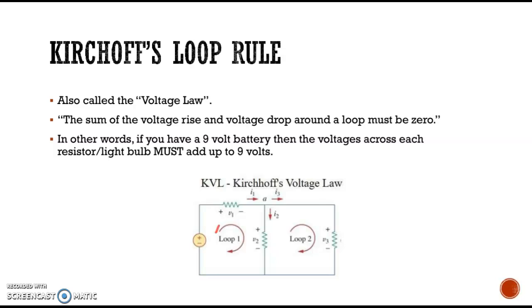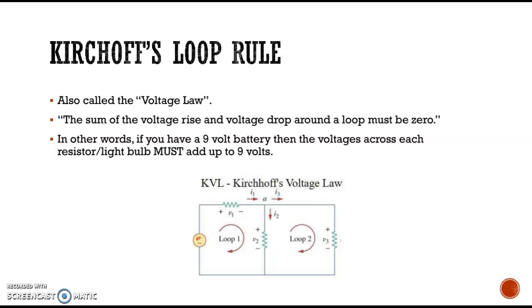In the case of loop 1, that's relatively simple. If we had, say, a 9-volt battery here and both of these resistors are the same, then that means that it has to drop 4.5 on this resistor and another 4.5 drop here so that it can come all the way back to 0 by the time that it gets to the negative side of the battery, where it increases back to 9 and goes back around that loop again, 4.5 volts, 4.5 volts, up 9.